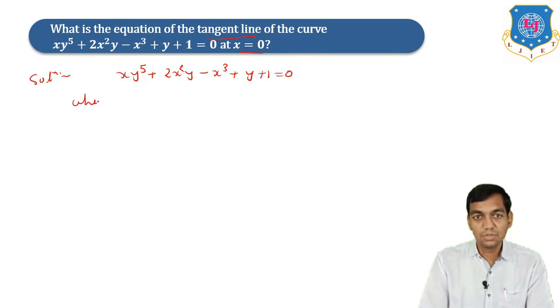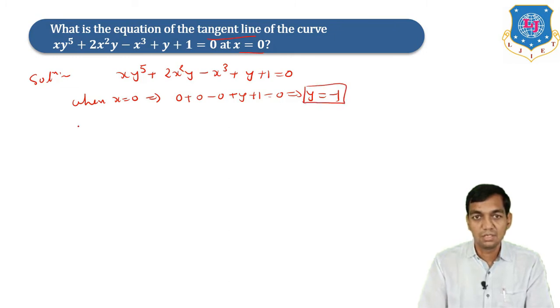So when x is equal to 0, what do you have? 0 plus 0 minus 0 plus y plus 1 is equal to 0. So you have y is equal to minus 1. Correct? So x is 0, then y is minus 1. This is the first thing we require.